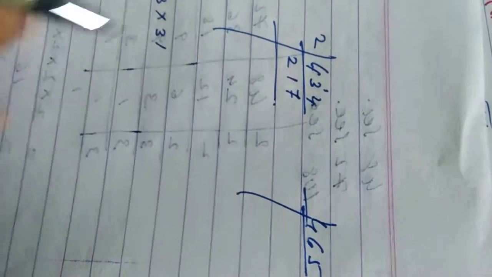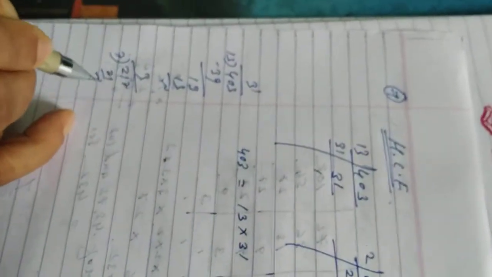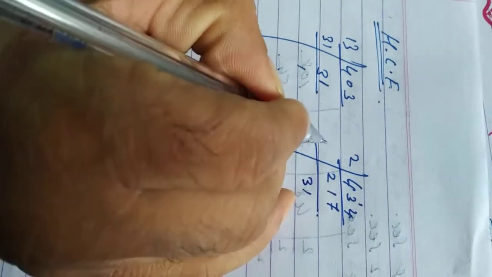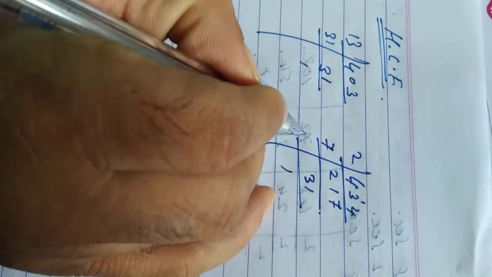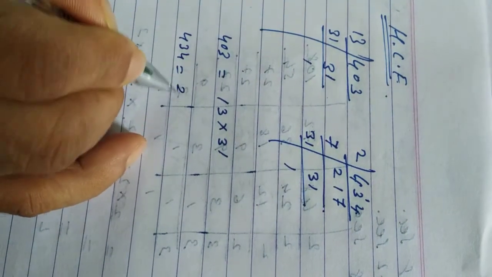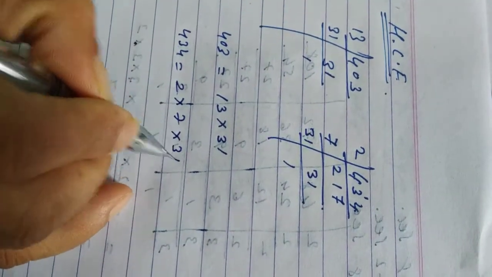We'll try with 7. 217 divided by 7. 7 3s are 21. Yes, so it can be divided by 7, 7 31s. Again 31. So 434 is equal to 2 multiply 7 multiply 31.